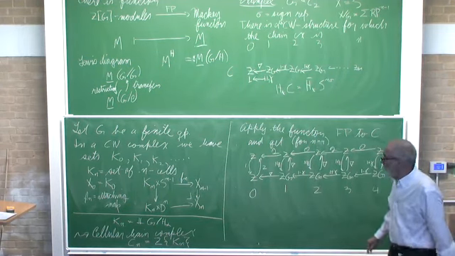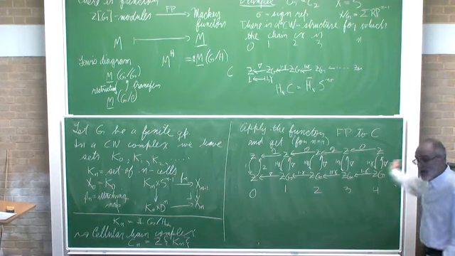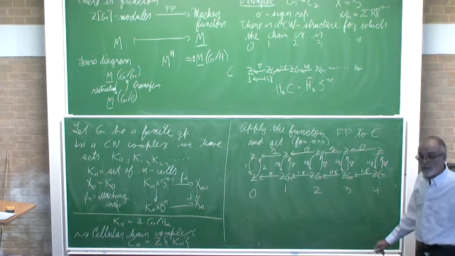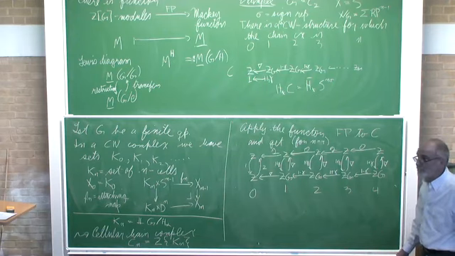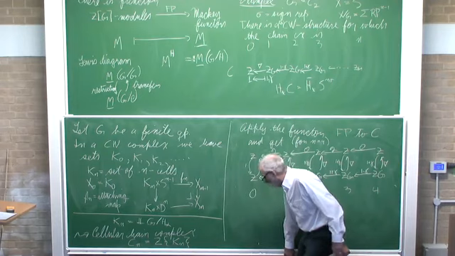Okay, so this is a chain complex of Lewis diagrams representing a chain complex of Mackey functors, and now I want to calculate its homology.